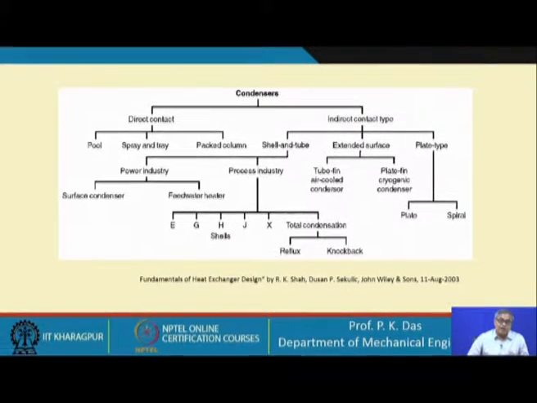And this condenser, where condensation is taking place on the outer surface of the coolant tubes, is called a surface condenser. Specifically, this name is used for steam power plant condensers, but for any type of condenser where condensation is taking place outside the tube, we call it a surface condenser.